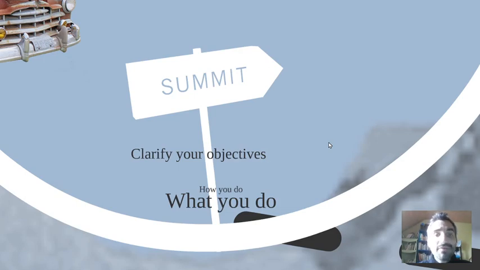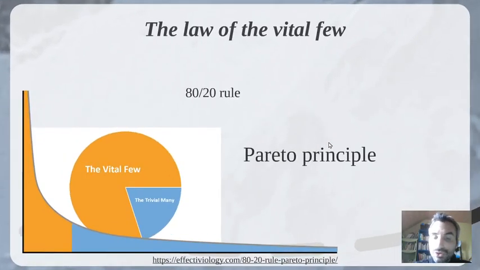You have to clarify your objectives and how you want to do what you do. I will give you some little tricks for that. Do you know the Pareto principle, or the 80-20 rule?